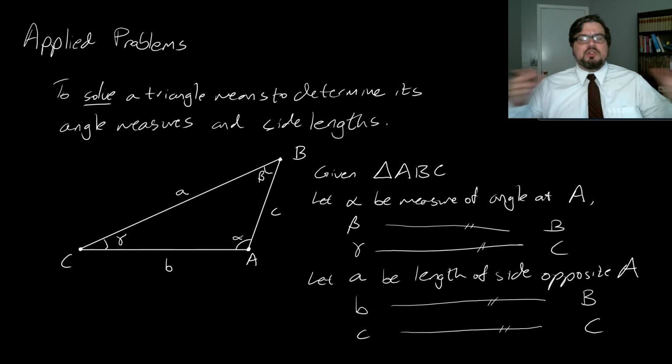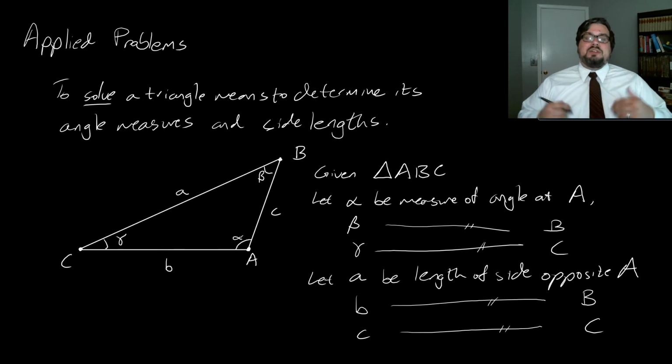Most of the time, most arrangements of information that you can give, 3 values will determine the value of the other 3. Sometimes, however, there's some ambiguity, and if you're given 3 values, that may not be enough to determine exactly what triangle it is. There might be several triangles that match that condition.